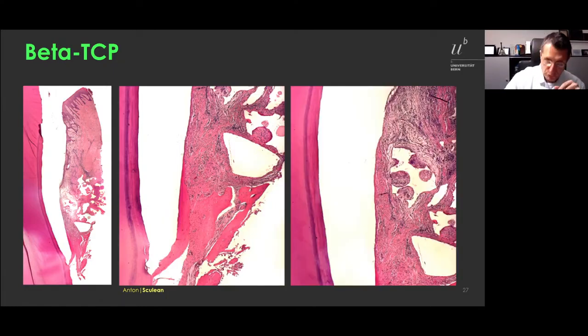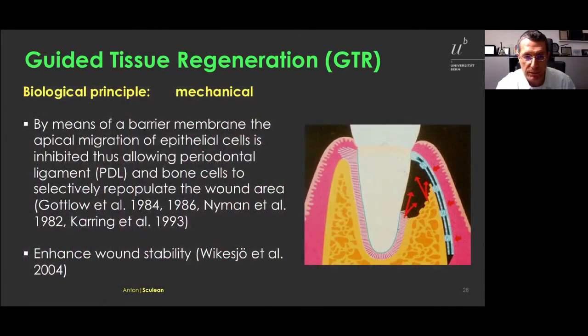However, you see these particles in your X-ray, okay? So these particles are visible in the X-ray, and if you are not careful, you would interpret these particles as periodontal regeneration, but it is not. In other words, this material that we tested in this study doesn't have any biologic activity, okay? It's a filler.